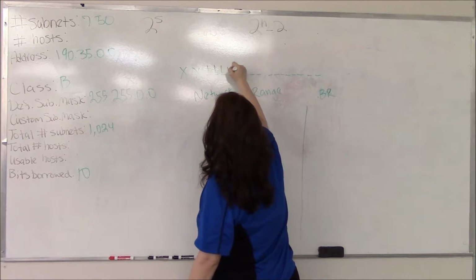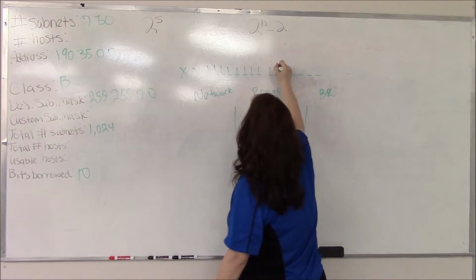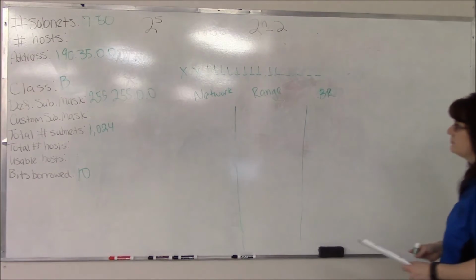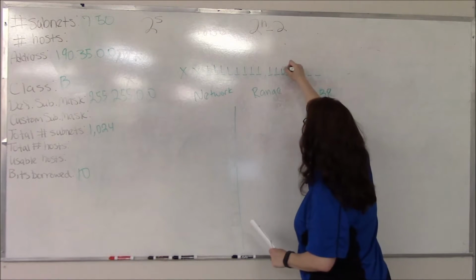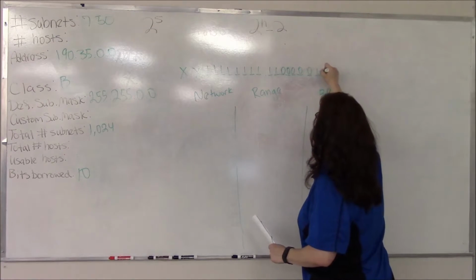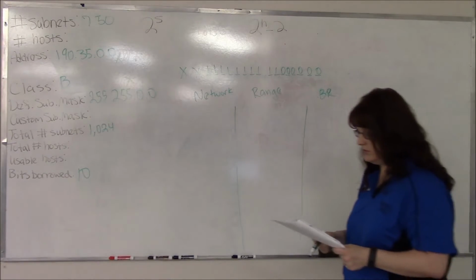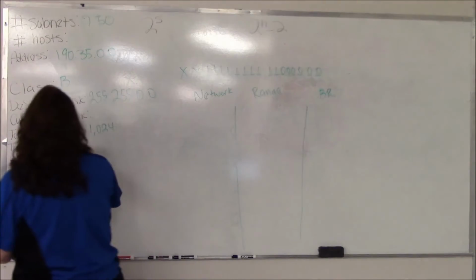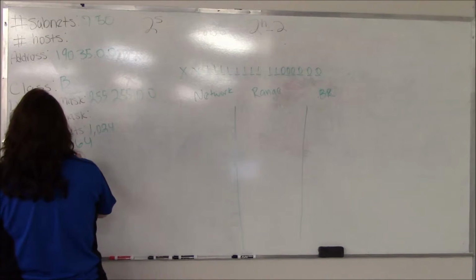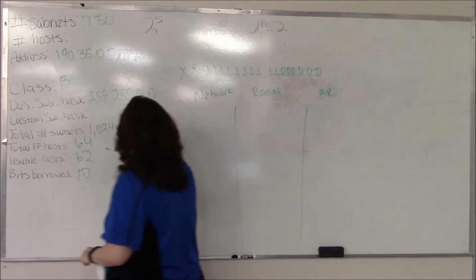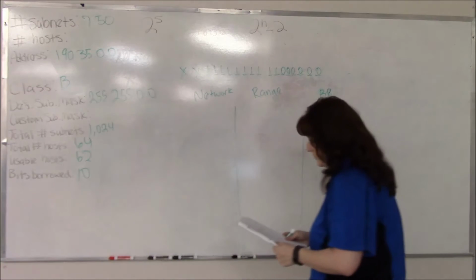1, 2, 3, 4, 5, 6, 7, 8, 9, 10. 6 zeros at the end. 2 to the 6th is what? 64. Which means 62 are usable.